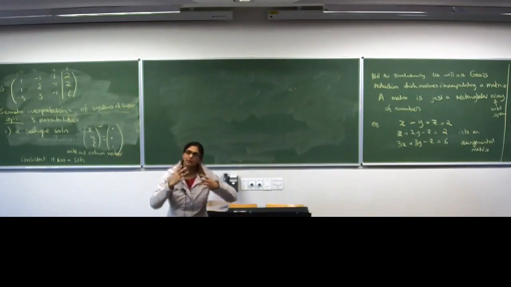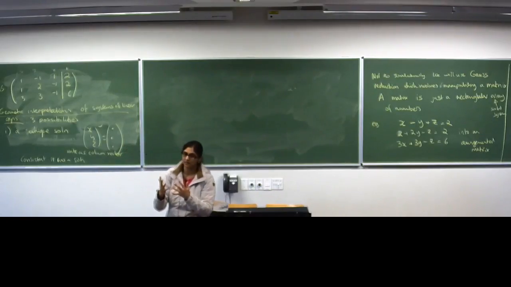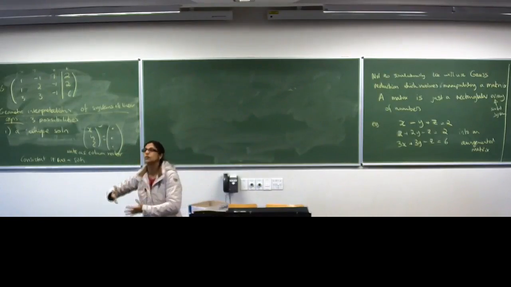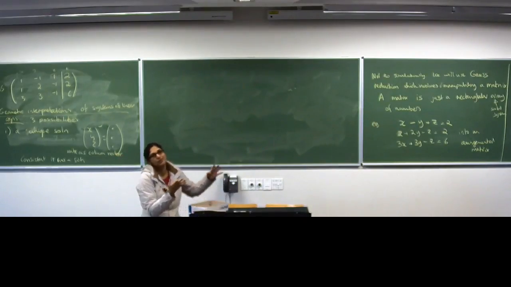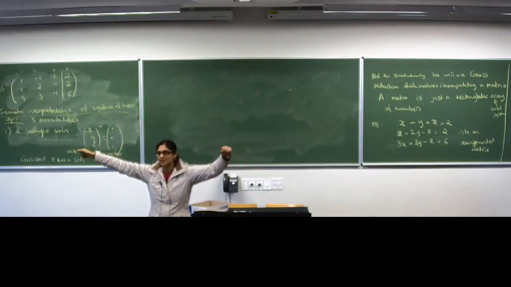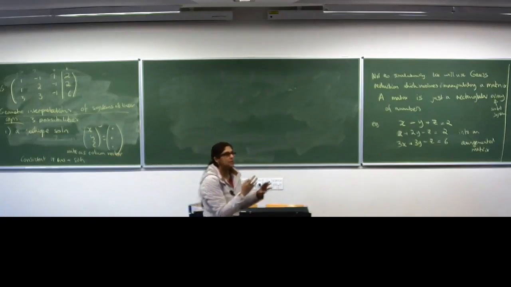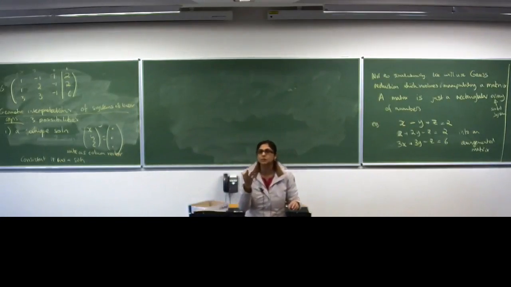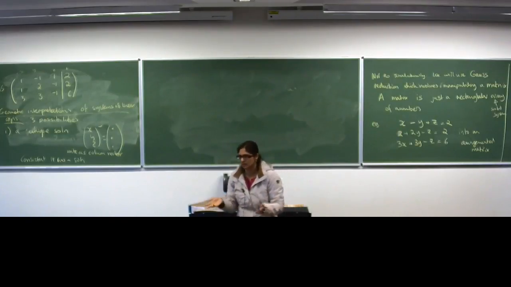So in real life situations, you get many variables, and we often have to solve them. What I'm illustrating here is just 3 variables, because I don't want to do a long, big one. It'll take a long time to solve. So what we're doing now is just looking at systems with 3 variables, x, y, and z. We could call it x1, x2, x3, but we'll just use x, y, and z.